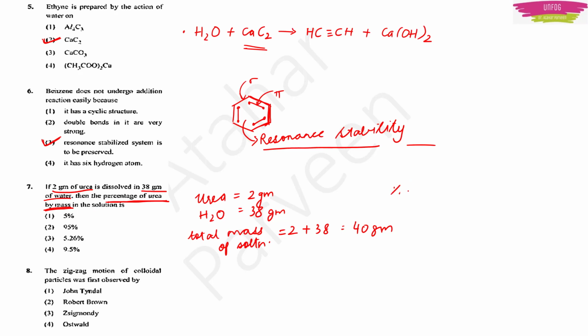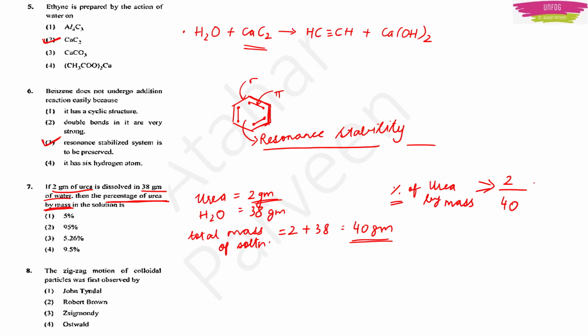So, percentage of urea by mass will be equal to, how much urea is given? 2 grams of urea is given, right? 2. But what is the mass of the solution? It is 40 grams. So, divided by 40.